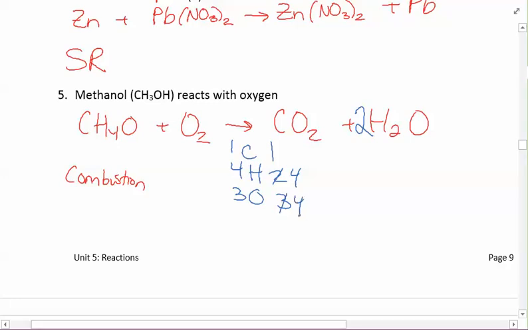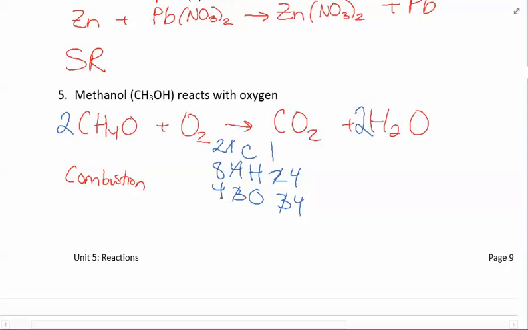Well, now I have that odd-even problem, so I'm going to put a 2. Quite often in these problems, you do need a 2 in front of the CH4O. So if you think that it's not going to work out, it's a good idea to have that 2 there. So that changes carbon to 2, hydrogen to 8, and oxygen to 4.